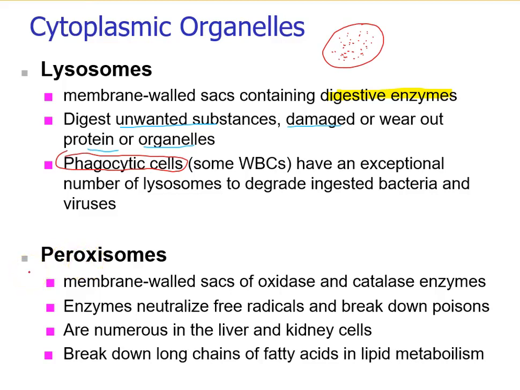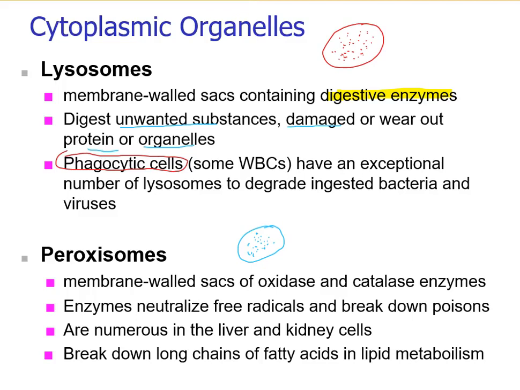Peroxisome is very similar to the lysosome. If I want to draw the peroxisome, I should draw a similar structure to the lysosome: a membrane bound sac with a set of enzymes inside. But what is the difference between the lysosome and peroxisome? Their enzymes are totally different.